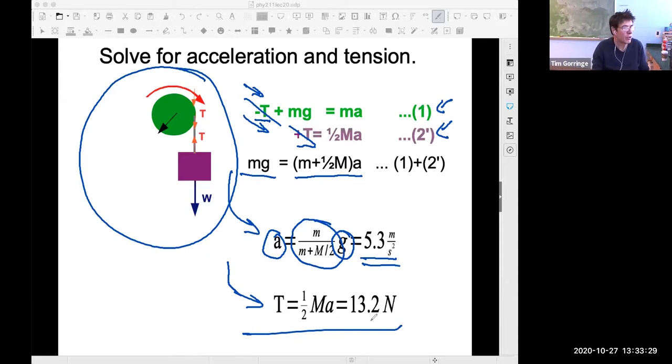Let me show you what am I going to show you? I'm going to show you a demonstration of this. I'm going to share a different screen.